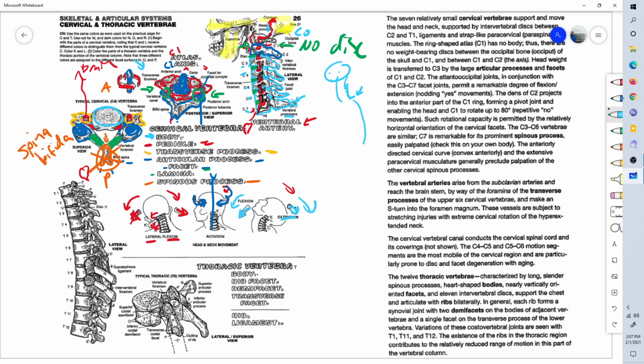Flexion and extension. Of course, this over here is called right rotation. Over here would be called left rotation. That's the view from the front. And then the view from the back over here, this would be called left lateral flexion. This would be called right lateral flexion.